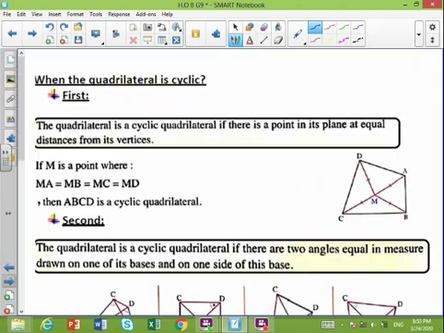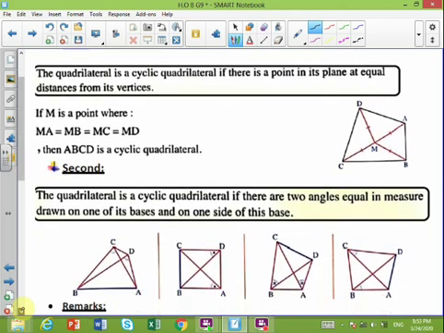Okay? Moving to another part: when the quadrilateral is cyclic, or how to prove that the quadrilateral is cyclic. Some of them we took already. A quadrilateral is a cyclic quadrilateral if there is a point in its plane at equal distances from its vertices. If I have point M and MA equals MB equals MC equals MD, then ABCD is a cyclic quadrilateral.